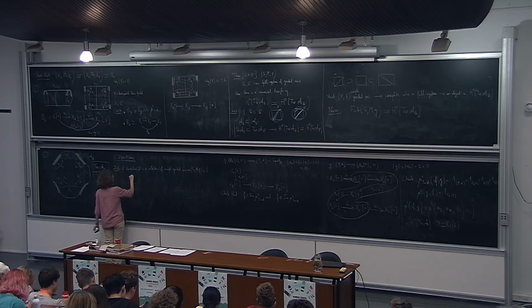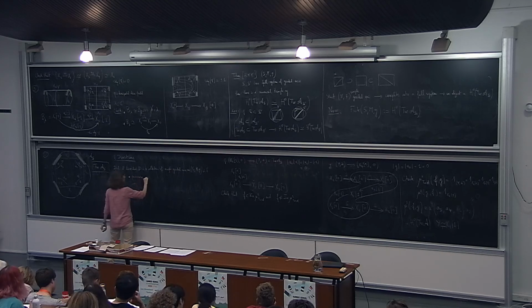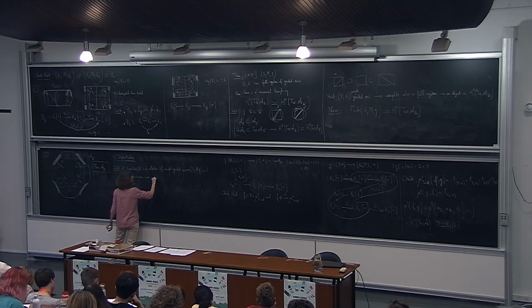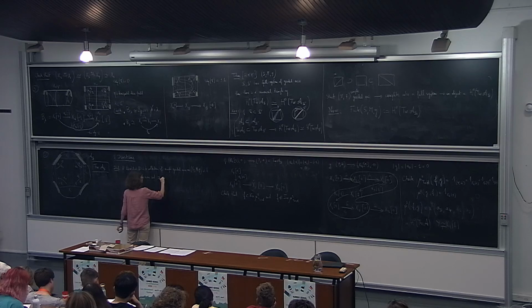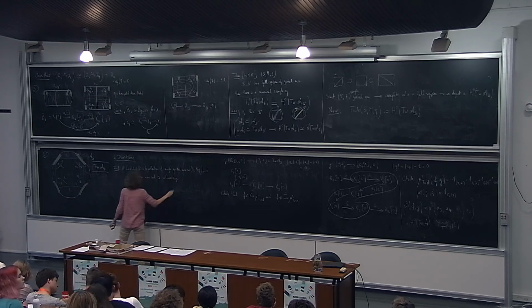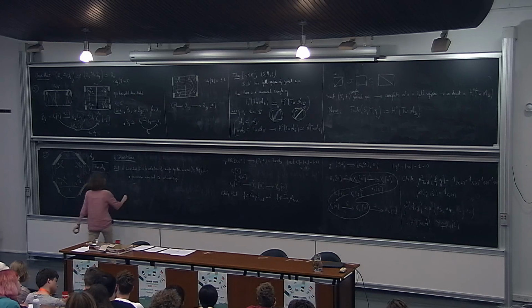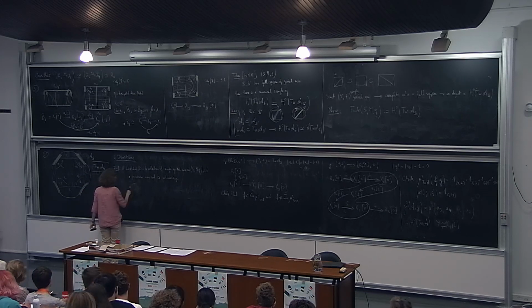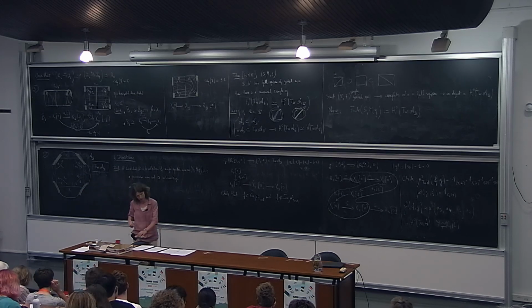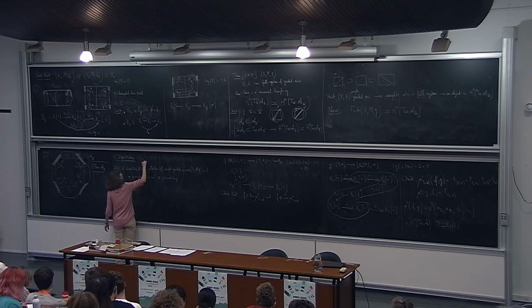So I want them to be pairwise non-isotopic and pairwise non-intersecting. I don't want intersection. And here, x1 up to xl.